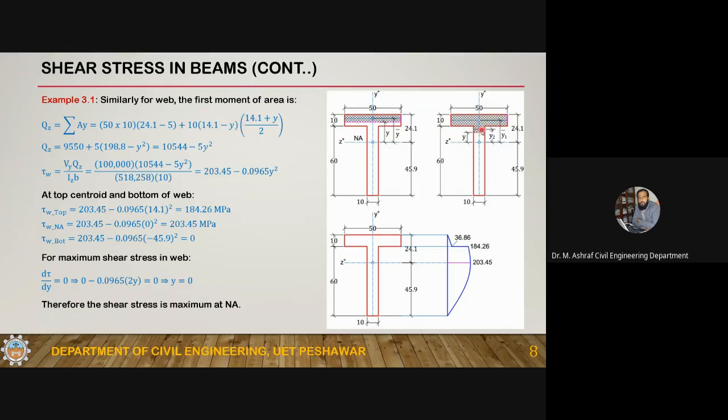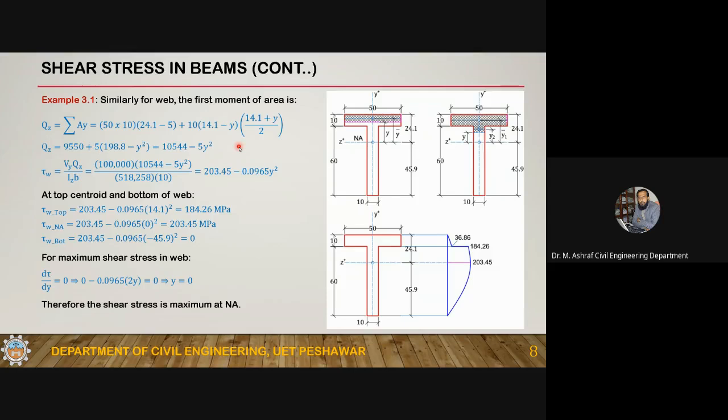This is the area, and its centroid is similarly y plus 14.1 divided by 2. The bottom is at y, the top is at 14.1, so the mid will be at the average of these two, 14.1 plus y divided by 2. If you simplify this, you will get 10 544 minus 5y square.